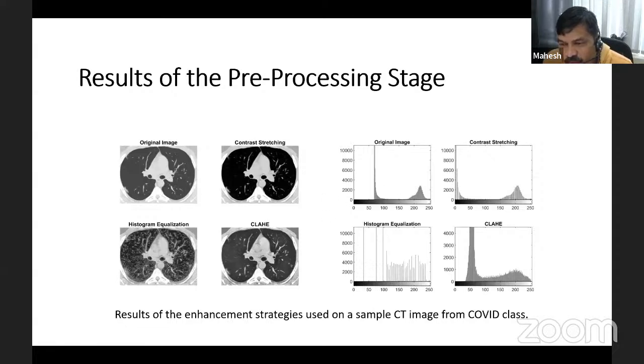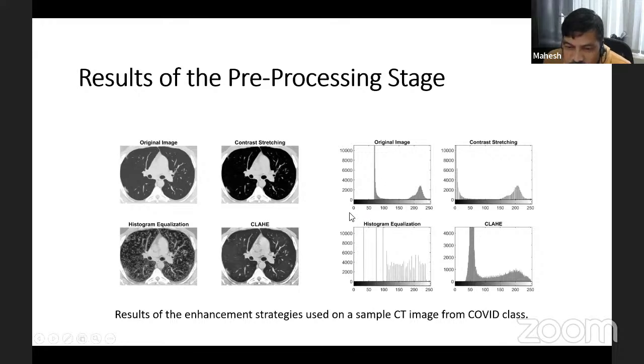So what is a histogram? A histogram gives an estimation of the number of pixels belonging to a particular gray value. Since these are black and white images, meaning monochrome images, they have intensity values varying from 0 to 255.